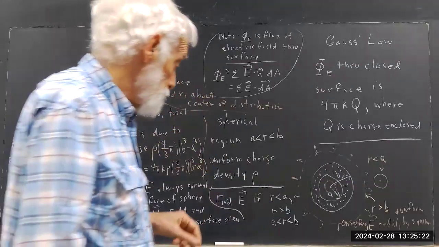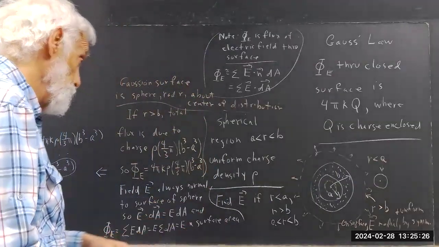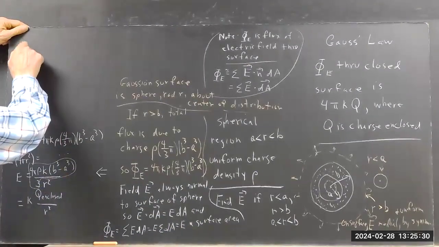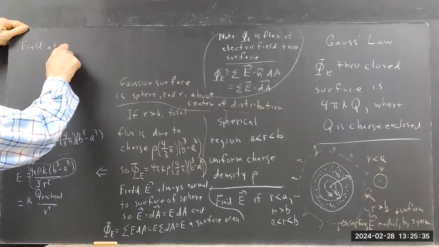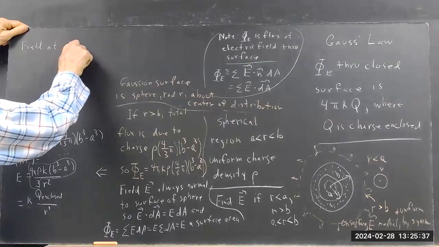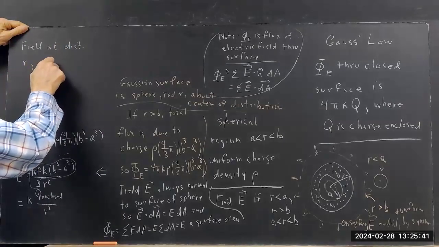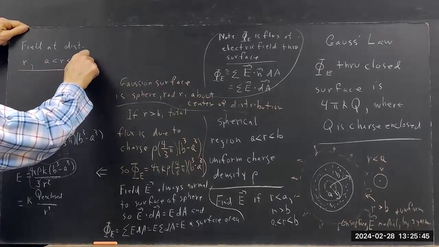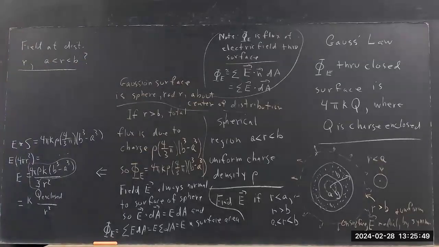So now we get the one that I have to think about. What's the field at distance r if a is less than r less than b?